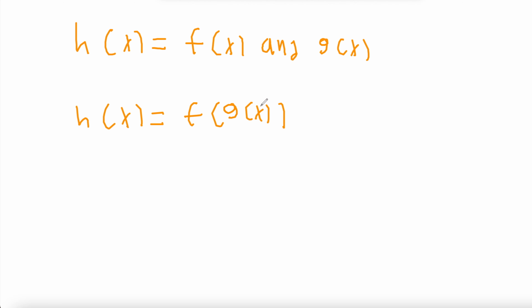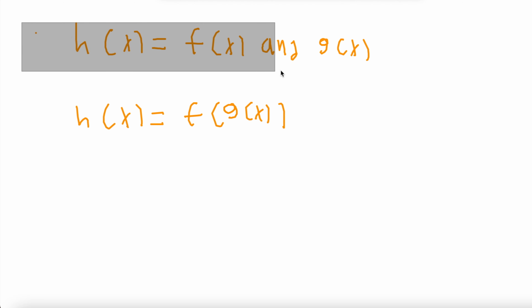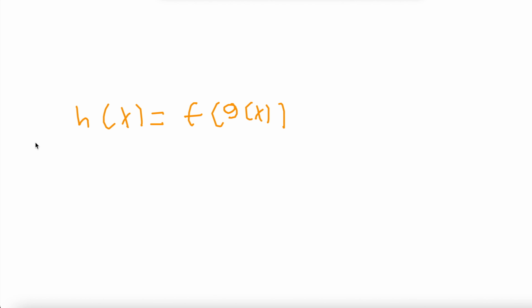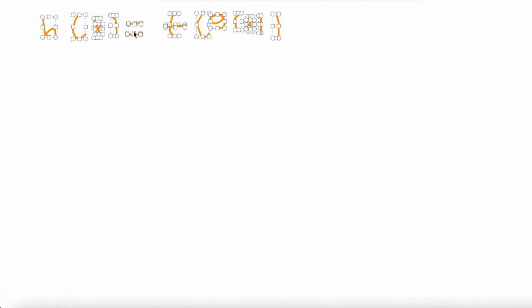So let me delete this guy here, and then I want to use this as kind of a reference. All right. So again, we have h of x and then f of g of x.